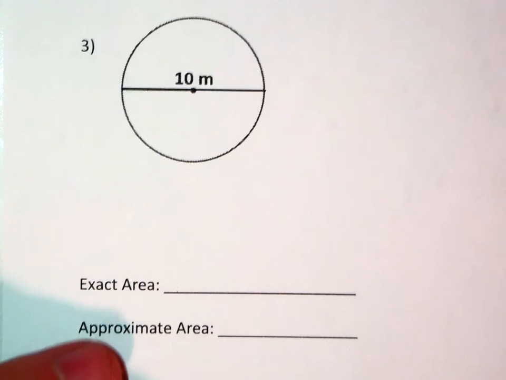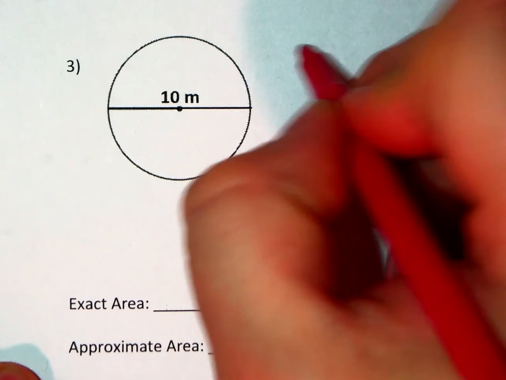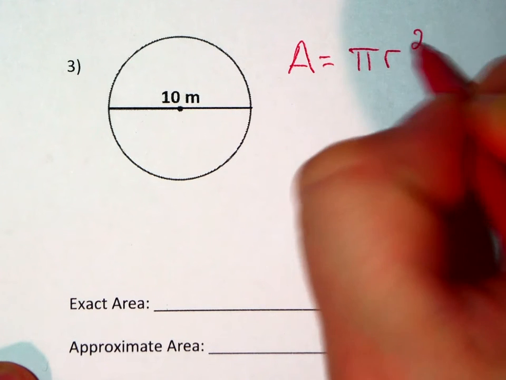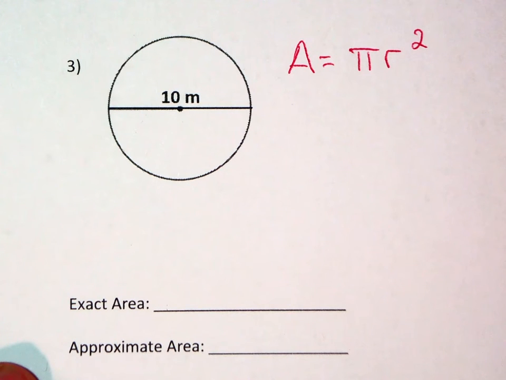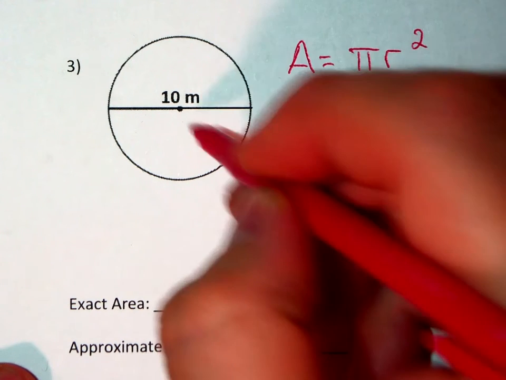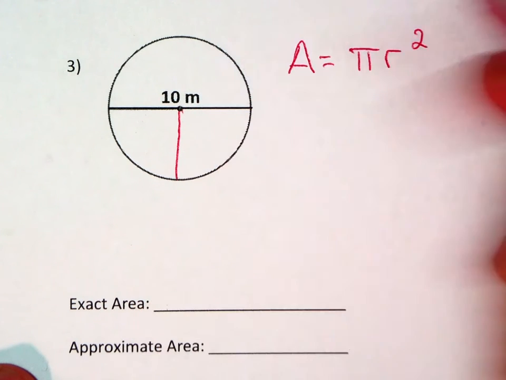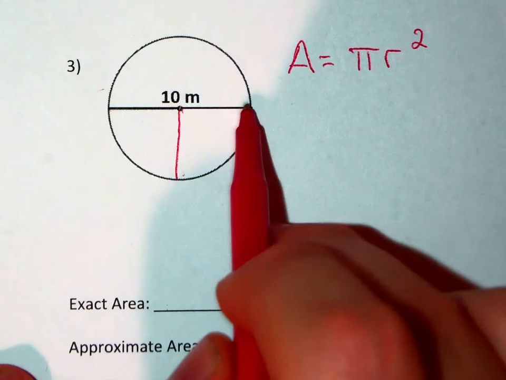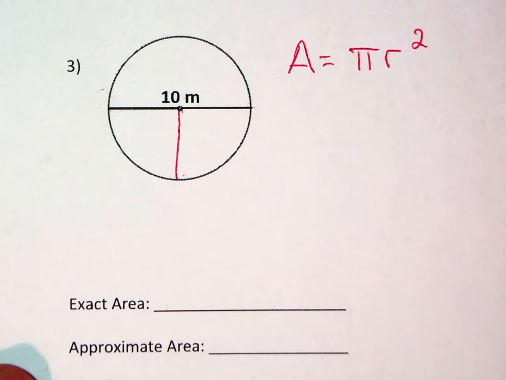Let's try one more together. Number 3. Again, our formula is area equals pi r squared. So I need to know what my radius is. And the radius is only the distance from the center to the outside ring of the circle. My problem here tells me that this entire line across the circle is 10 meters.